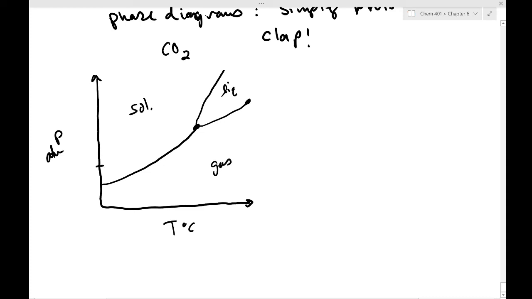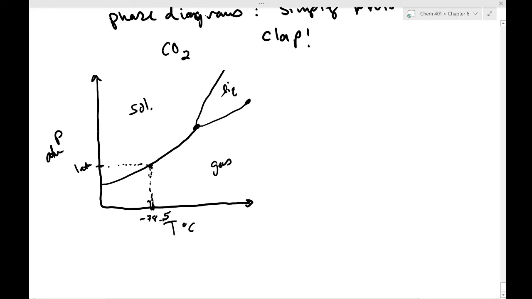Now, at 1 atm, that's atmospheric pressure, and a temperature of negative 78.5 degrees C, we have basically an equilibrium between the solid and the gas.